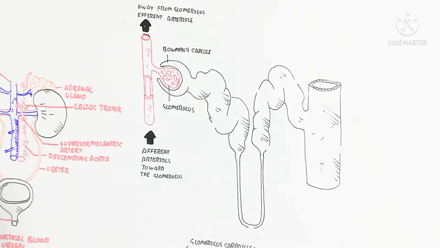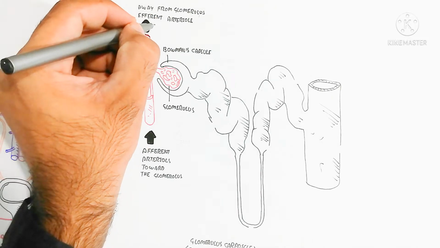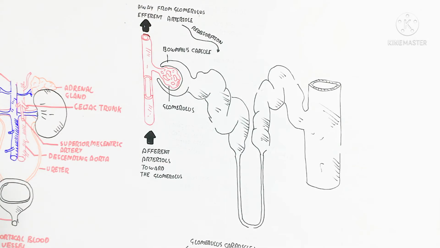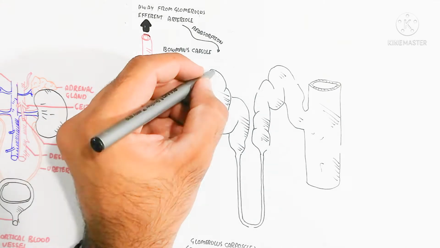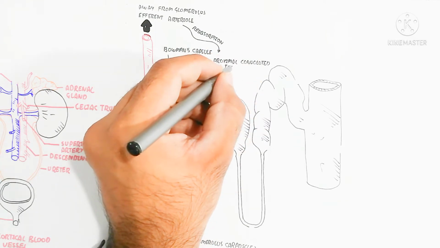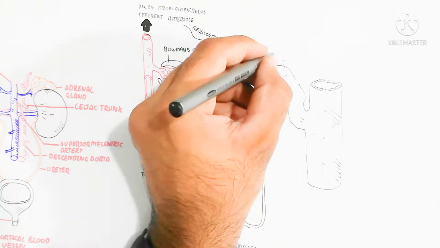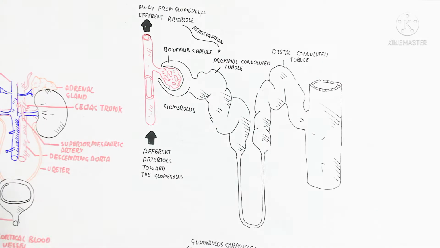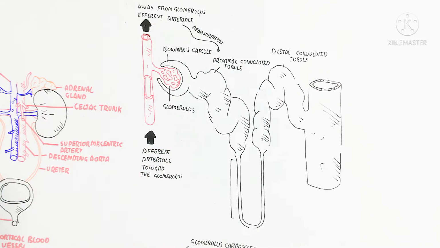This efferent arteriole is used for reabsorption from the proximal convoluted tubule, toward the loop of Henle, the descending and ascending limbs, and the distal convoluted tubule. It means the efferent arteriole wraps around the whole nephron for reabsorption.